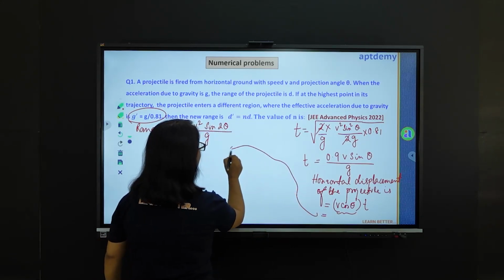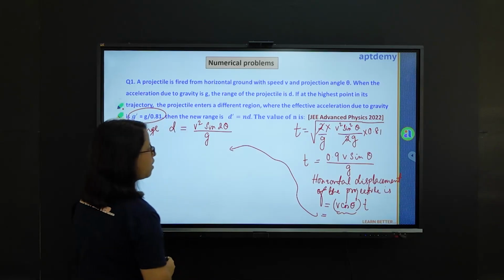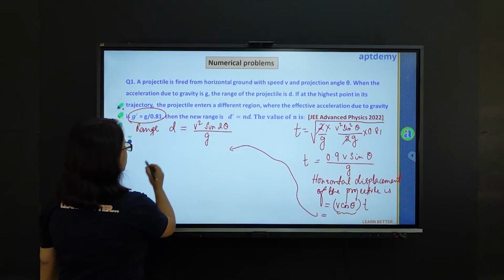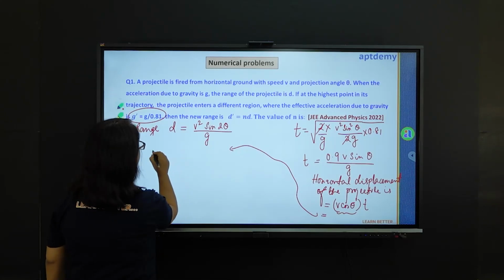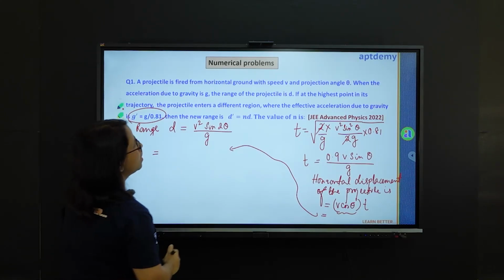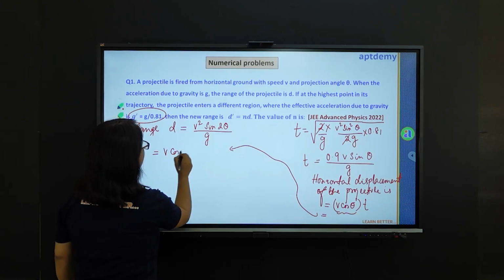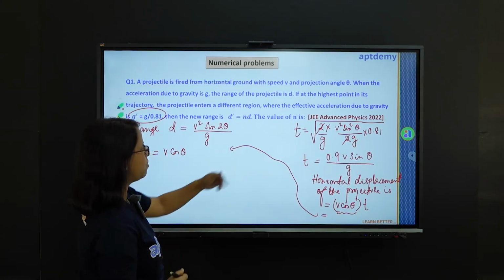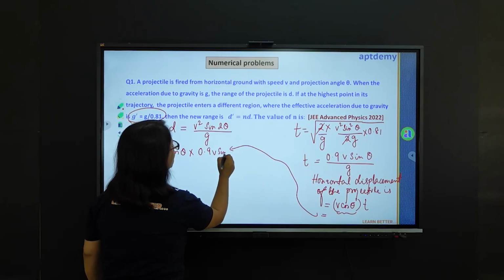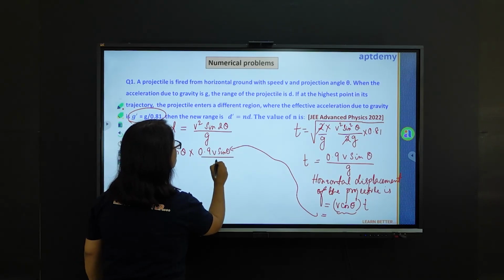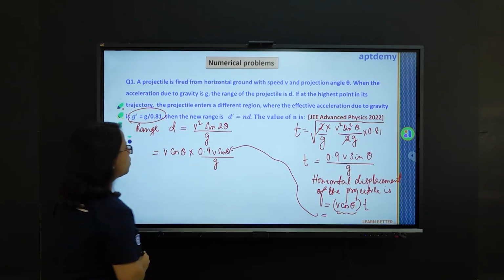Let's solve this here. We have v cos theta times the time. Time is nothing but 0.9 v sin theta by g. So just have a look at this.